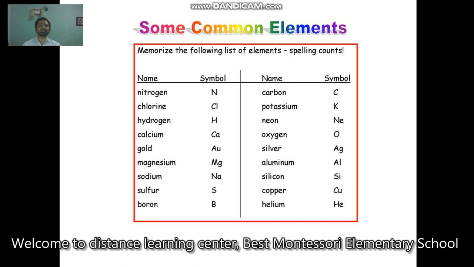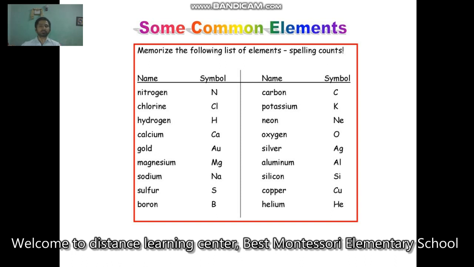These elements exist in the state of solids, liquids, and gases. Gold exists as a solid, nitrogen is a gas, and mercury is a liquid in normal conditions, that means in normal temperature and pressure.